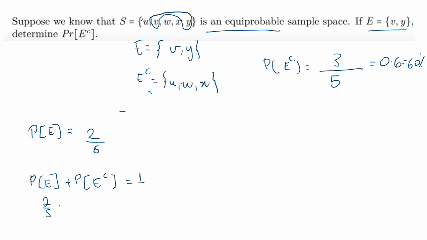So I have 2/5 plus whatever I'm trying to find is equal to 1. So if I have 2/5, how much do I have to add to get to 1? Well, you work out the equation, and it turns out to be 1 minus 2/5, which is 3/5. Okay?